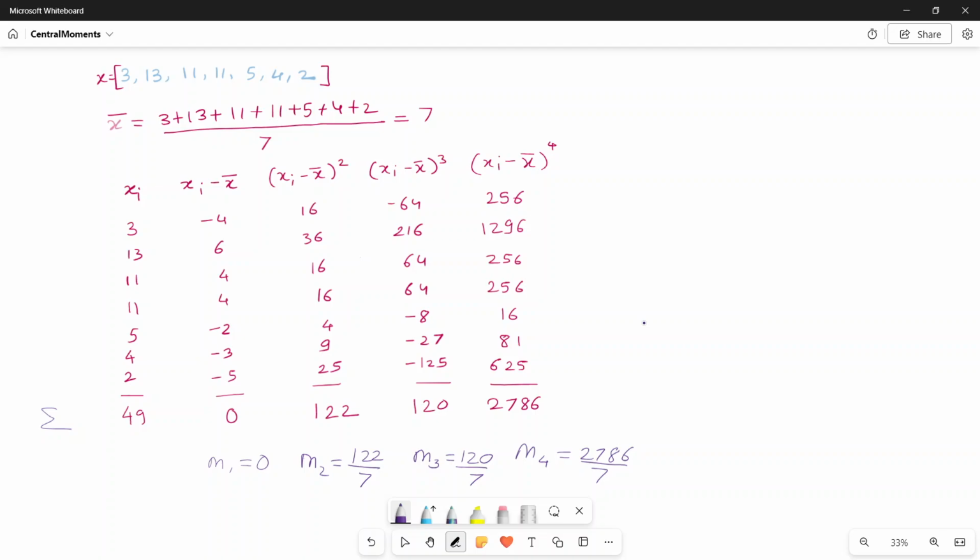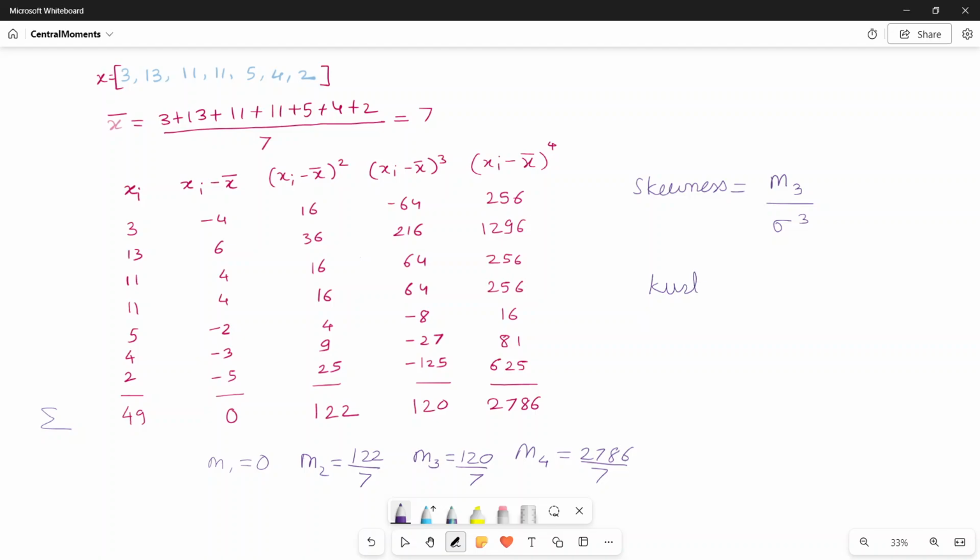Now, regarding its interpretation, if you must have observed or related with the formula of skewness and kurtosis, the population skewness is simply equal to M3 divided by sigma cube, right?